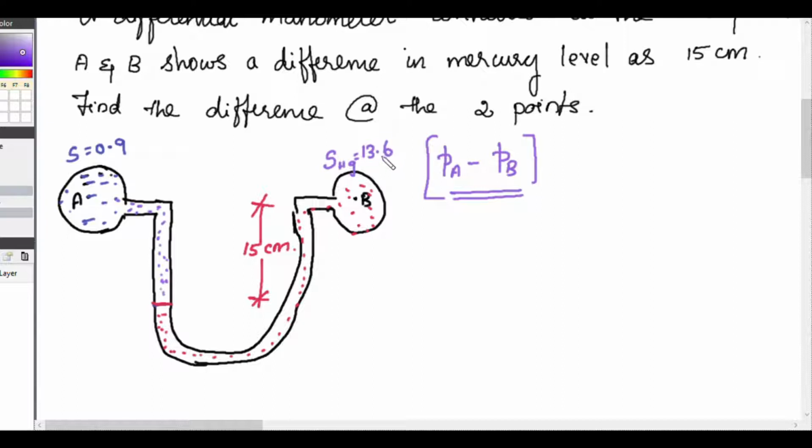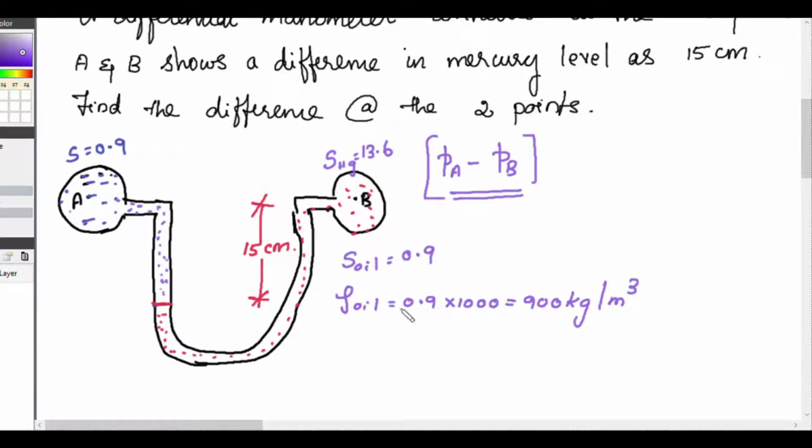We know this already. Now, here, specific gravity of oil is 0.9. Therefore, our density of oil will be equal to 0.9 into 1000. We get 900 kilogram per meter cube.